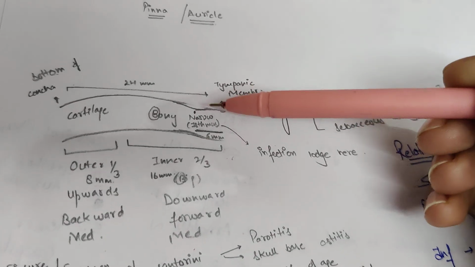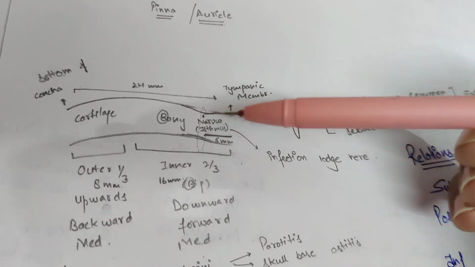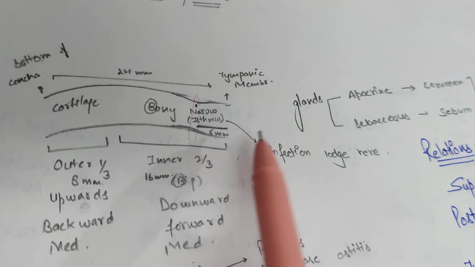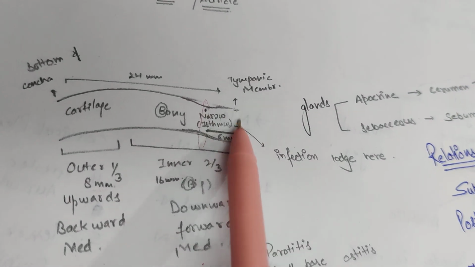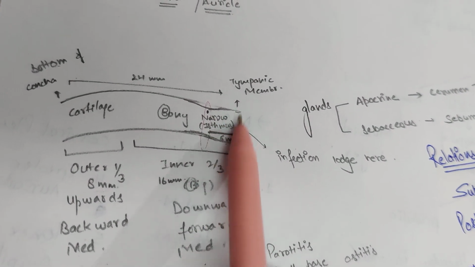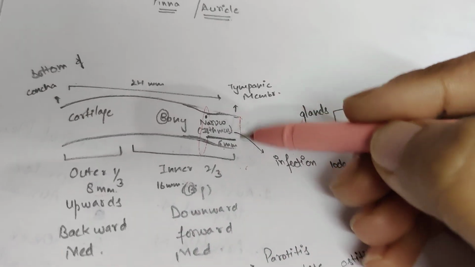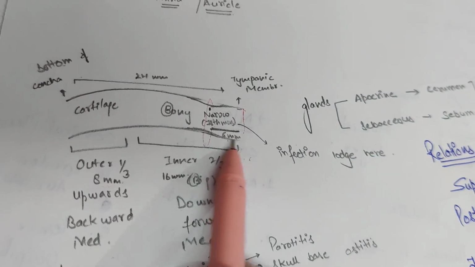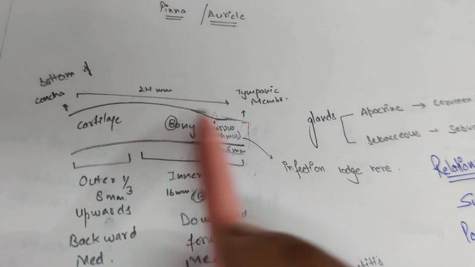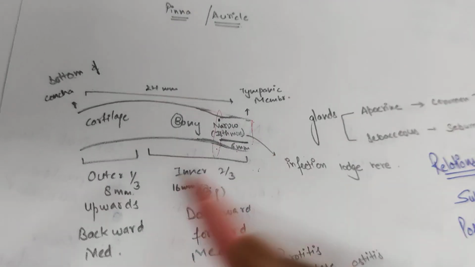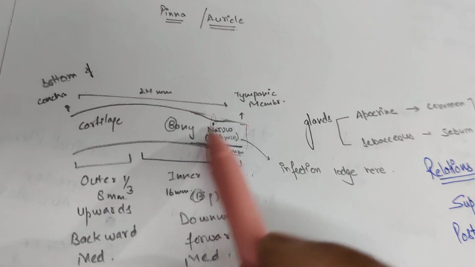Here is a narrow portion known as the isthmus, which is 6 mm lateral to the tympanic membrane. Here is the tympanic membrane. The isthmus is the narrowest part of the external auditory canal.